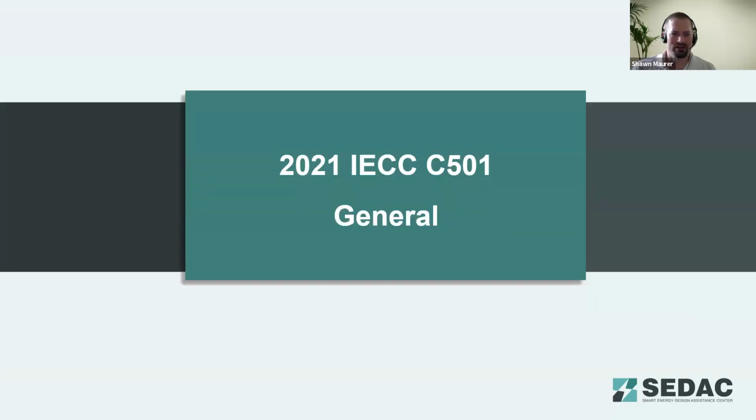So before we move on into our general section, we'll host a little poll here, get an idea of how much you're working with existing buildings. So for our first question, what section of the commercial code have you struggled with the most? Is it understanding the different compliance methods, the building envelope, mechanical systems, domestic hot water, power and lighting systems, or other?